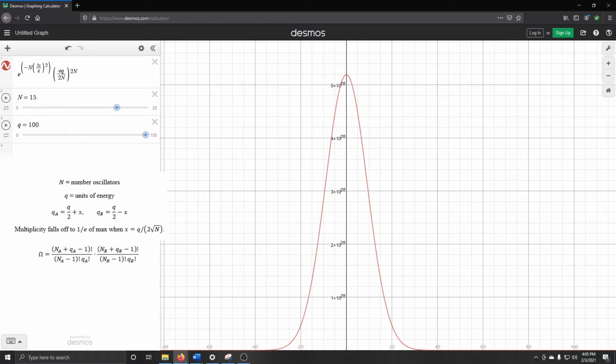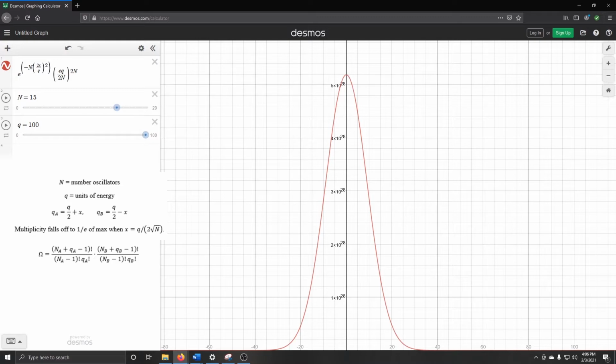And in fact, in a very large system, the peak would become so narrow that only a tiny fraction of the possible macrostates would be truly likely to occur, because the narrowness of the peak would be so great.